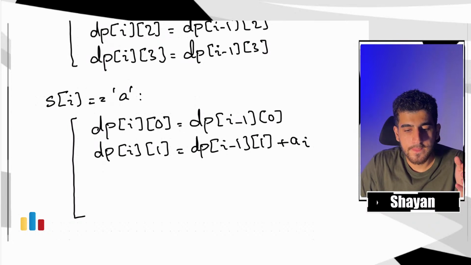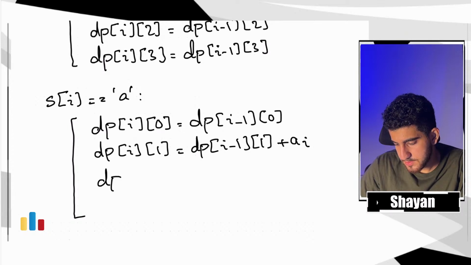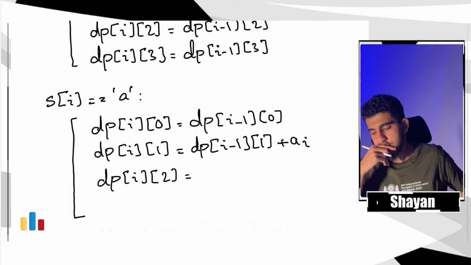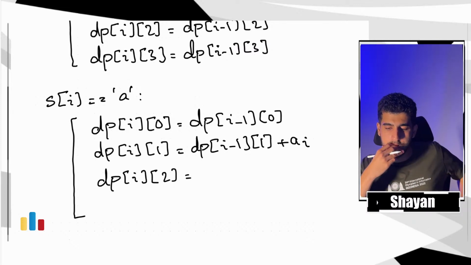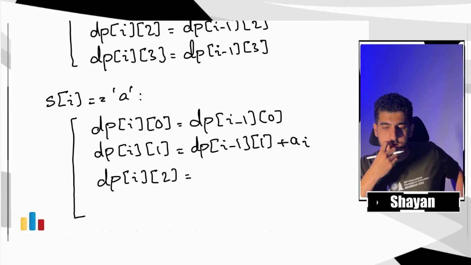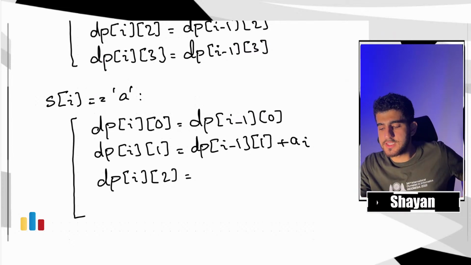What about dp of I and 2? There's a good question. What if there was no H before?